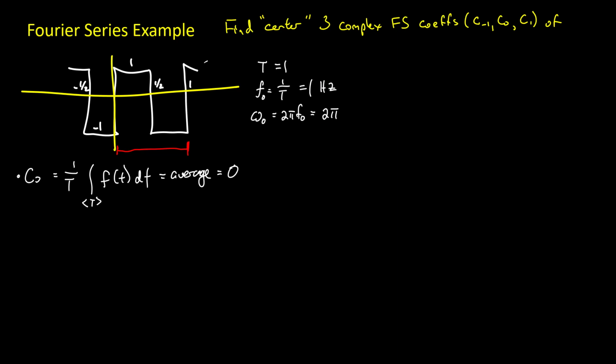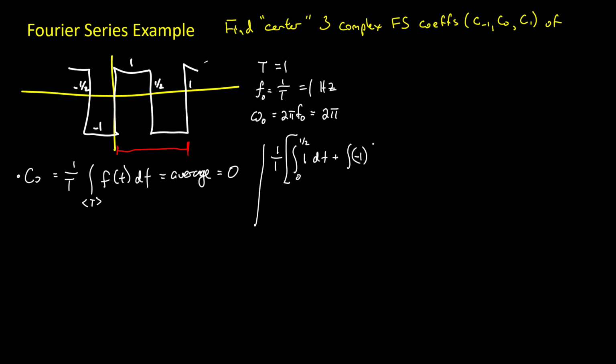If you did want to do it the long way, I don't recommend doing that, but it would be 1 over 1, the time period, times the integral. Now we're going to have to break that integral up into two portions, because this is defined over two portions. So the first integral would be 0 to 1/2 of 1/2 times f of t, which in that region is 1, plus the integral of -1, what the value is in this region.